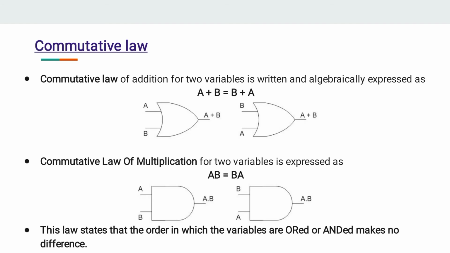The first one is commutative law. The commutative law of addition for two variables is algebraically expressed as below. There are two variables A and B. For these two variables we are going to write the commutative law, nothing but A plus B. When it is addition, we will get an output, right?